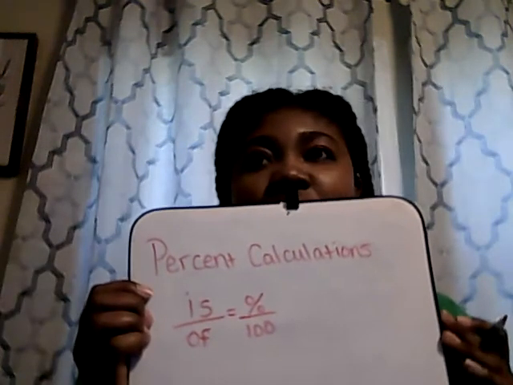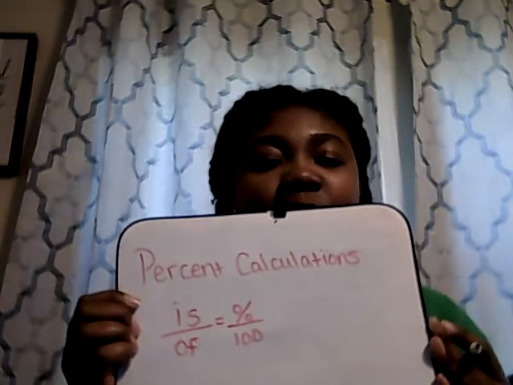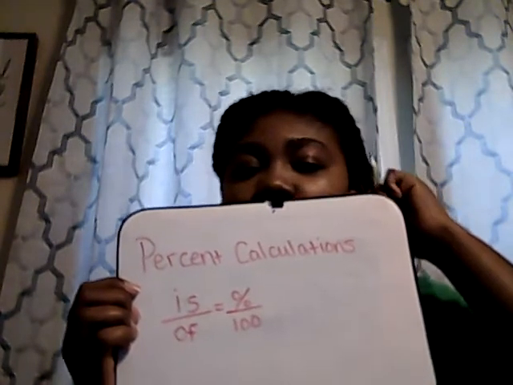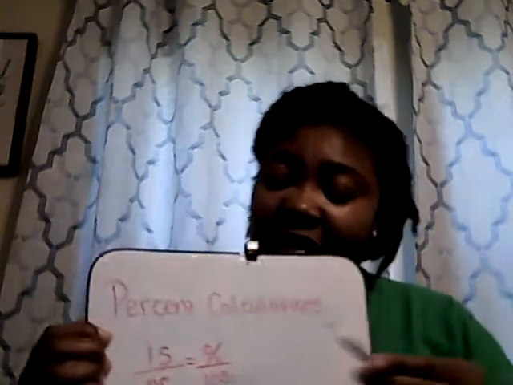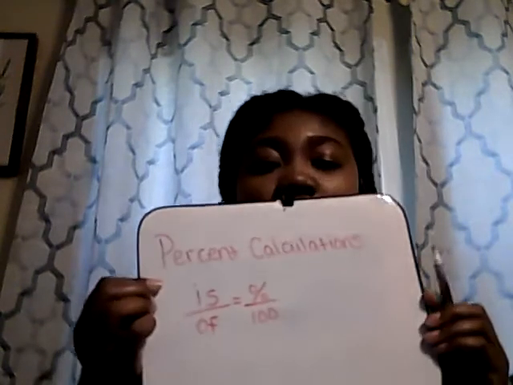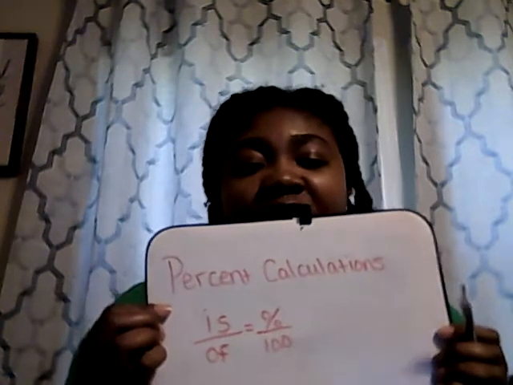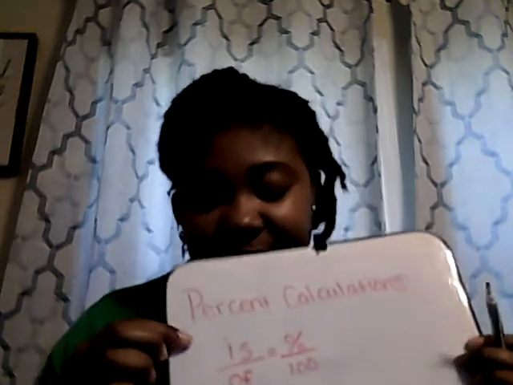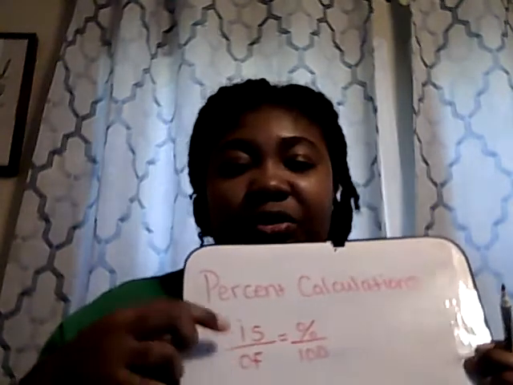So if you get, what is 5% of 20? Well, all you have to do is plug it in. So we have is over of, equals percent, and it's always going to be over 100. Out of the information that it gives you, plug it in where it goes.